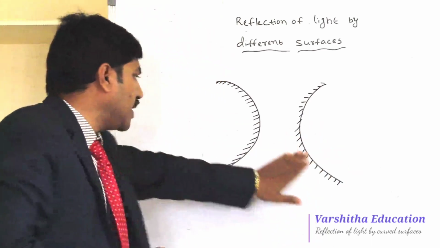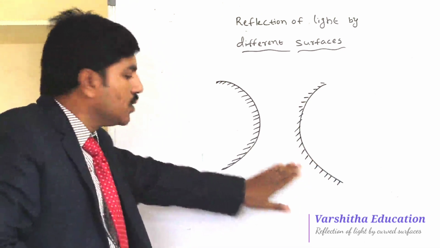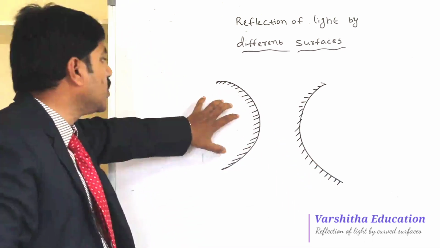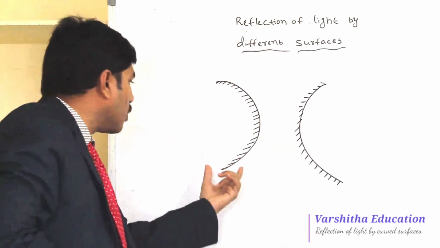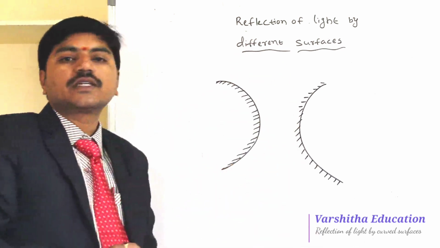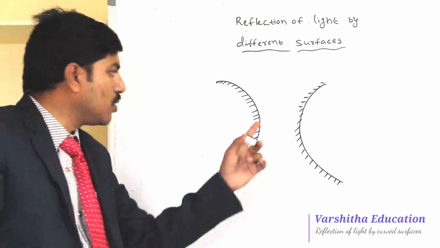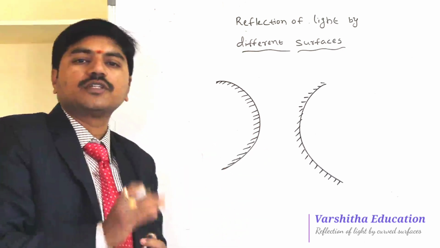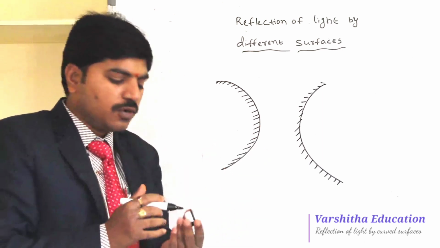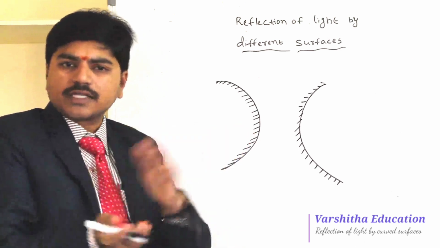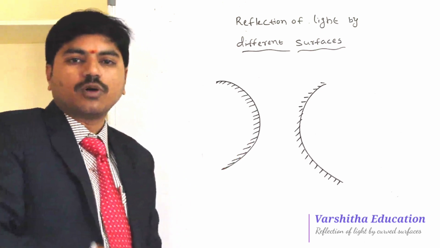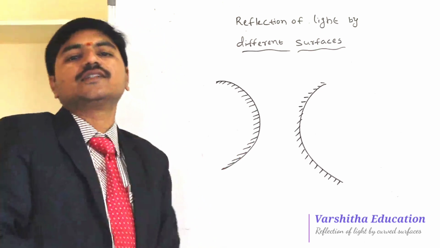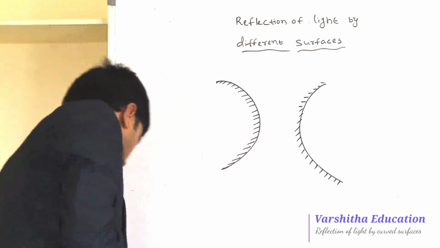So convex and concave surfaces: a convex surface is one whose middle part is bulged outside, and a concave one has the middle part curved inwards. The best example is a spoon. The back side of the spoon is convex, and the inside of the spoon, what we use to eat, is a concave surface.